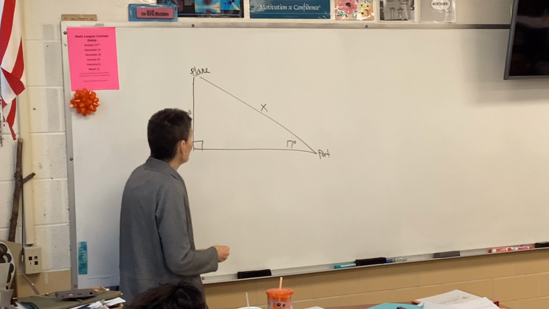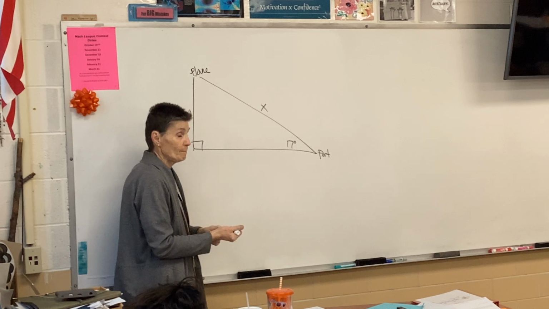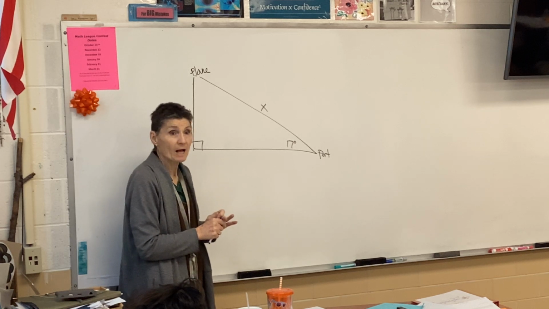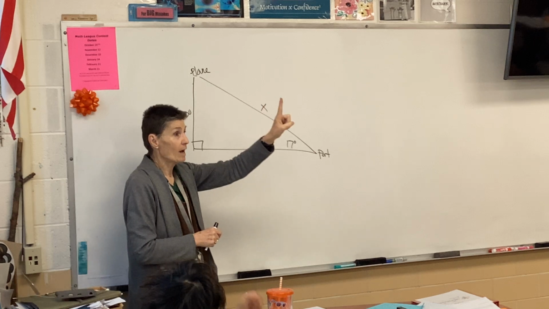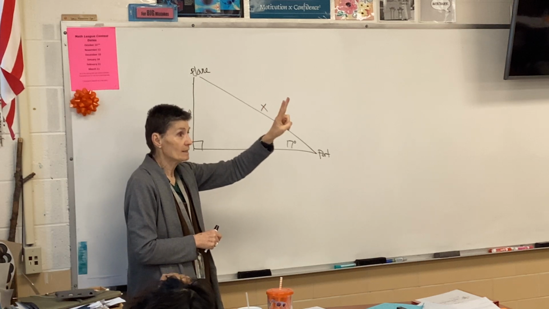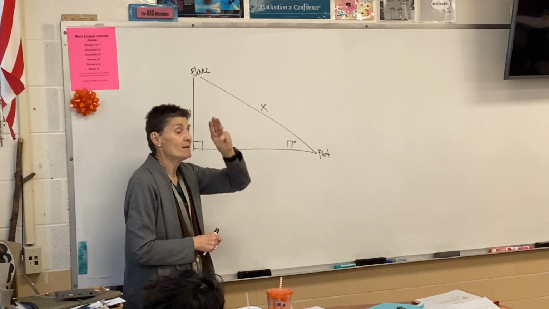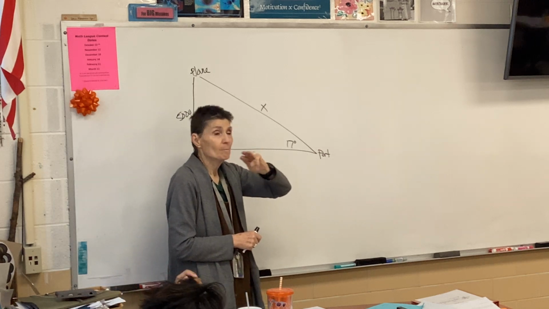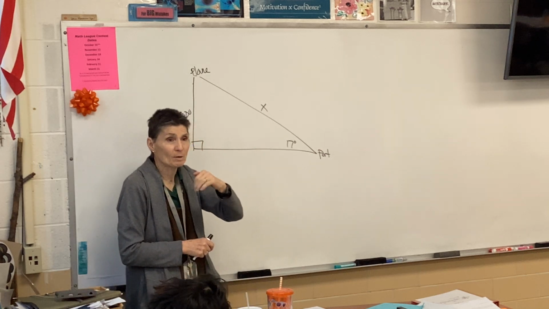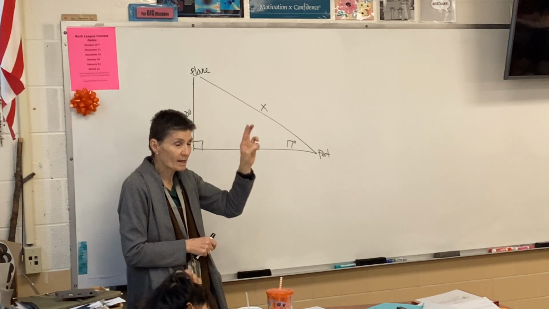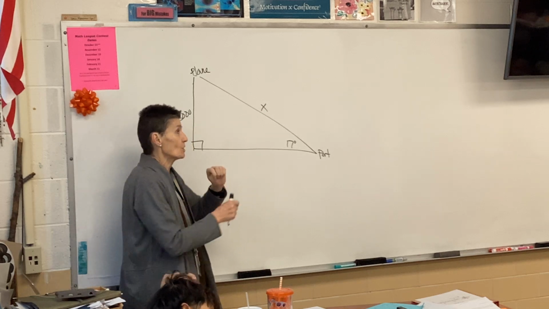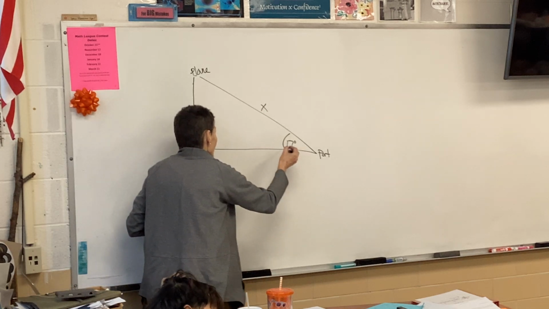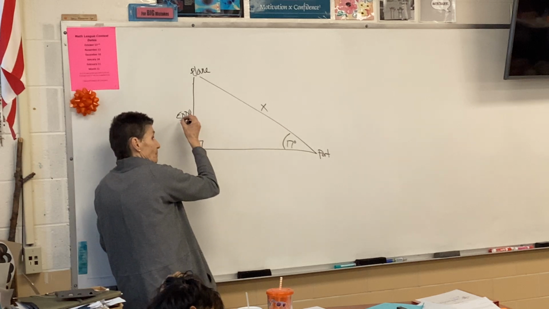All right, so what do we do? Once we get our picture drawn, then we have to decide whether I want sine, cosine, or tangent. Now, I know there are other options, but don't use them because you don't have them on your calculator. Just use sine, cosine, and tangent. So, here's my angle. Which side is this? Opposite.